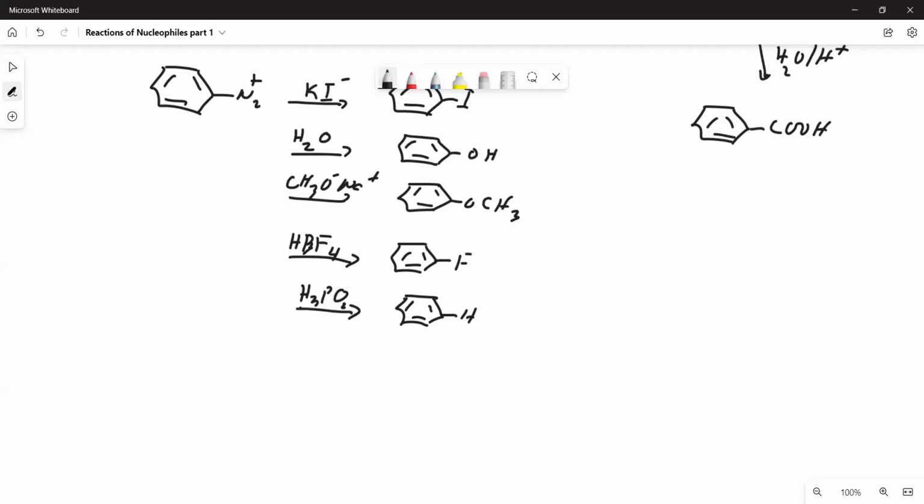For example, if you are going to synthesize, say, starting from benzene, you want to synthesize this. You have a bromine here, a bromine here, and a bromine here.